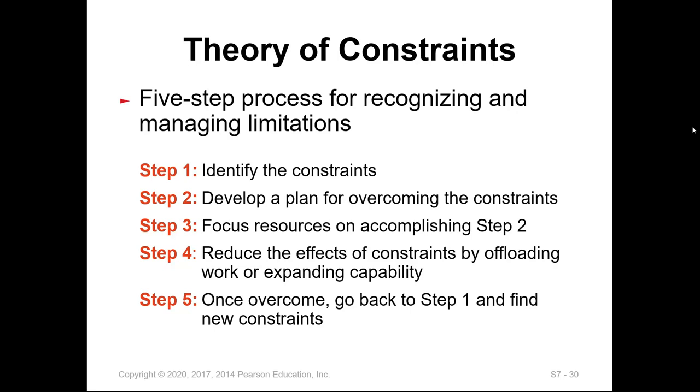Then focus resources on accomplishing step 2, which is overcoming the constraints, and then reduce the effect of constraints by offloading work or expanding capabilities. Once overcome, we can go back to step number 1 and find another constraint, or another limitation or bottleneck, and work on that. And that's what we call theory of constraints.